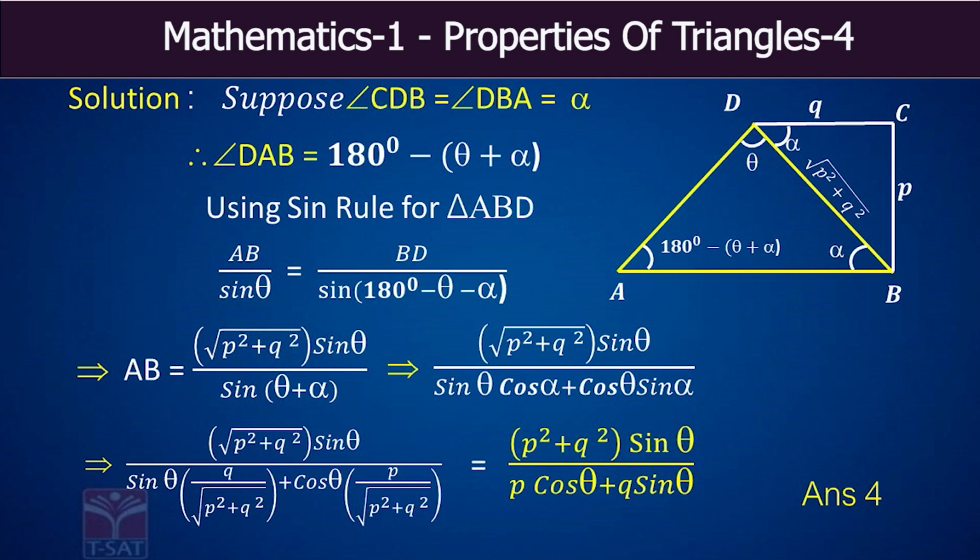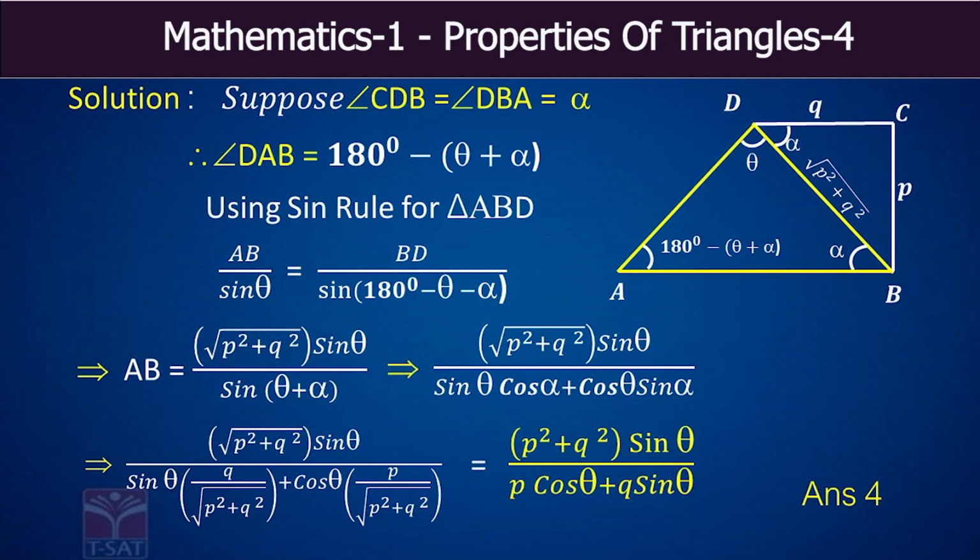So P square plus Q square sin theta by sin theta into Q by square root of P square plus Q square and cos theta into P by square root of P square plus Q square, because opposite side by hypotenuse. So if you simplify it, you will get the answer is number 4.